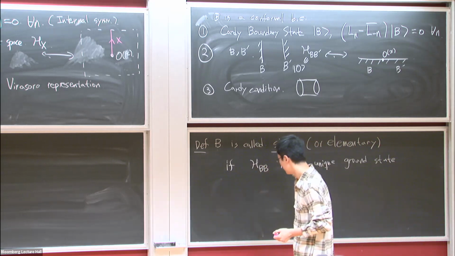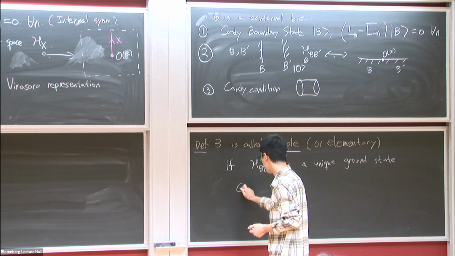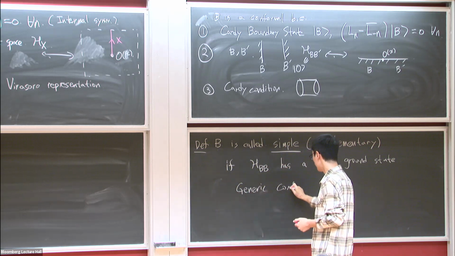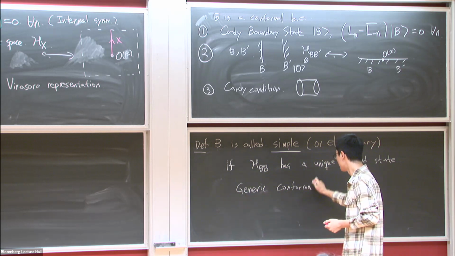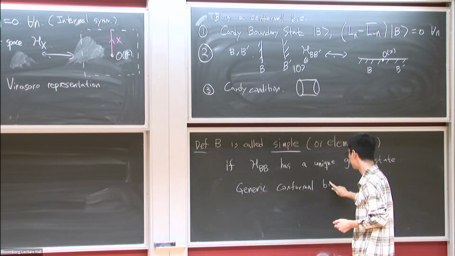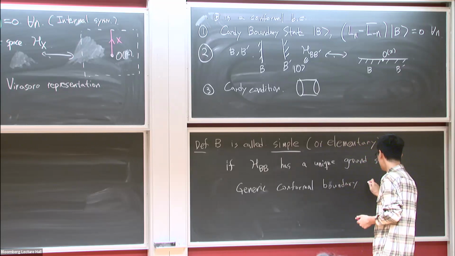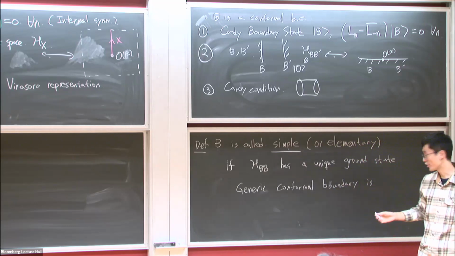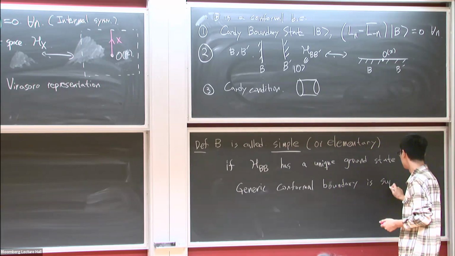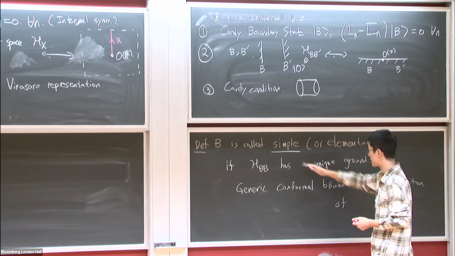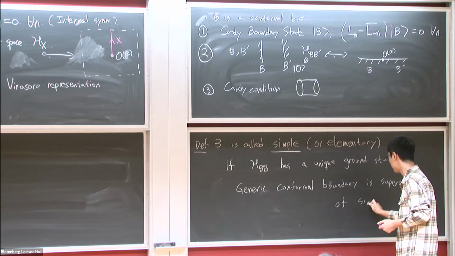I'm not gonna prove it, but a generic conformal boundary state is a superposition of simple boundary conditions.